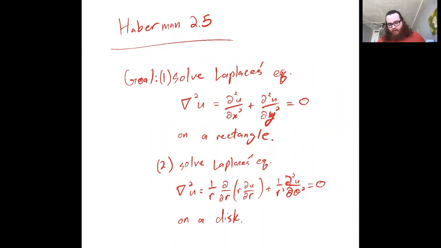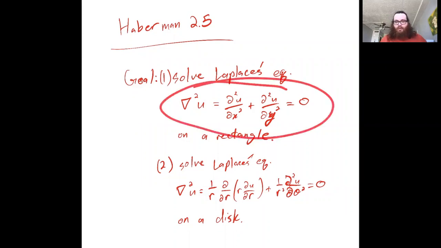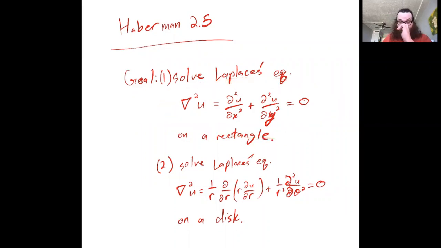But we're going to see how the techniques that we've been developing over the past few weeks all come together to give us a way to write out explicitly what solutions to this equation look like.